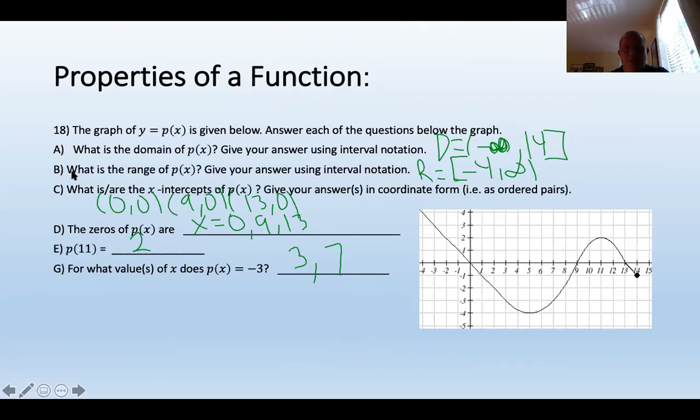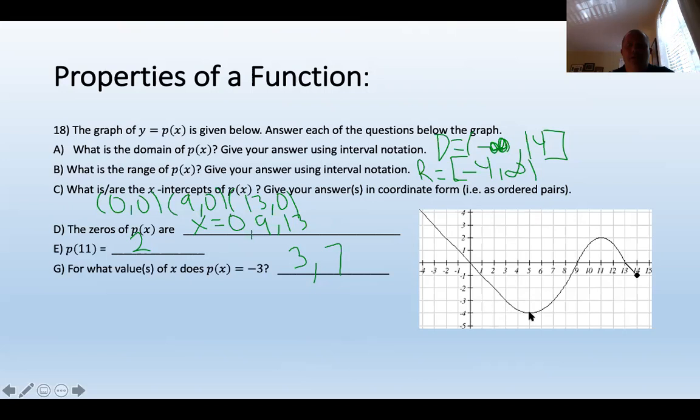The question B states, what is the range of p of x? And we're going to give our answer using interval notation. The range is basically the farthest down that the graph goes to the farthest up that the graph goes, assuming there's no discontinuity in the graph or asymptotes. And there are none.